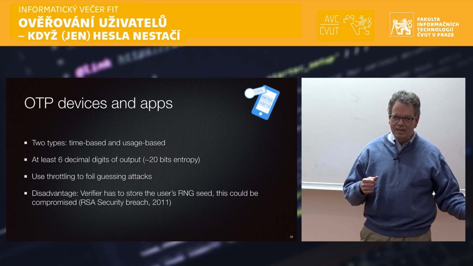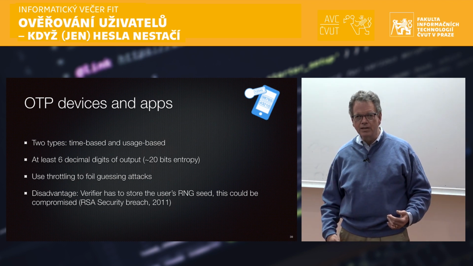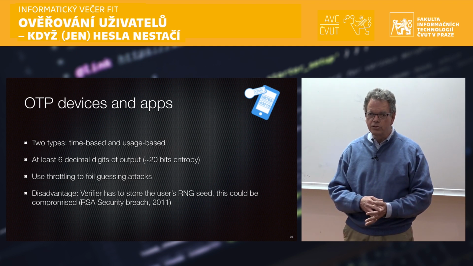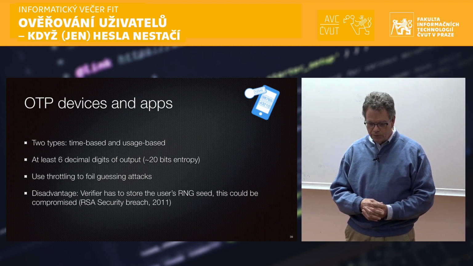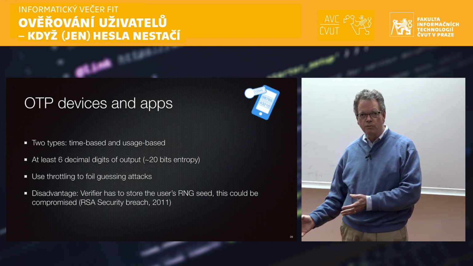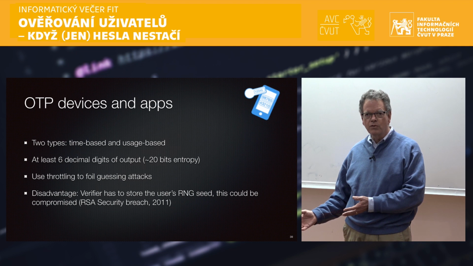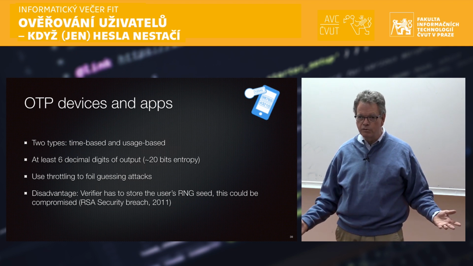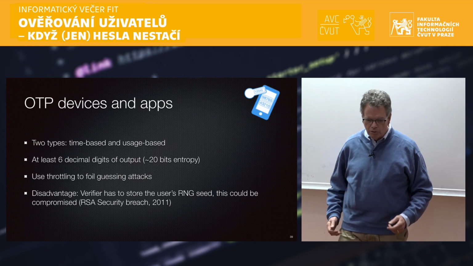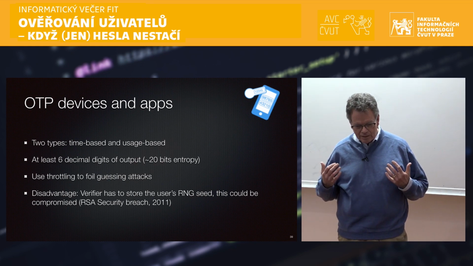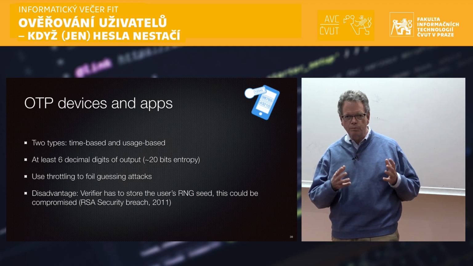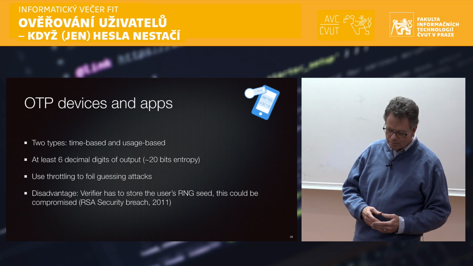It has the same key as what's on the device. So anyone who has that key can generate that 6-digit number. Well, a few years ago, there was a security breach where somebody got away with a whole bunch of those keys and was therefore able to pose as any number of users, at least from the standpoint of their second factor. And so it's a good approach, but if you're going to do this, you have to protect the keys very well.